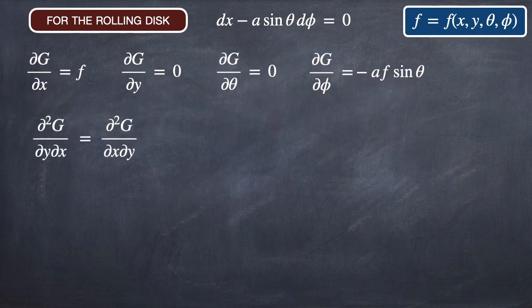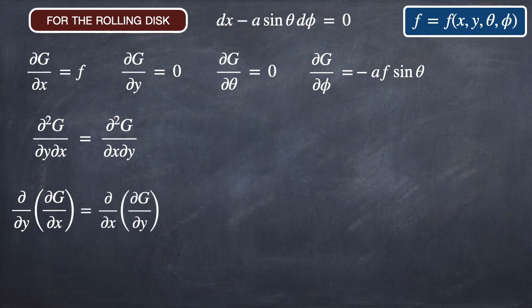Now, we know that del g del x, and then the partial derivative of that with respect to y, is the same as this quantity here. So del g del x is equal to f, and del g del y is equal to 0.